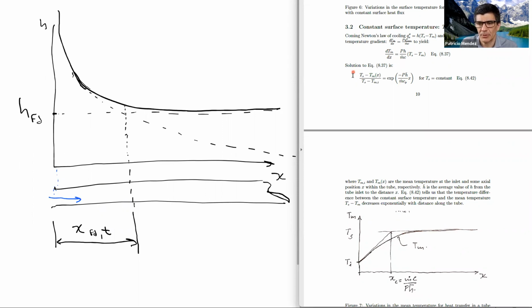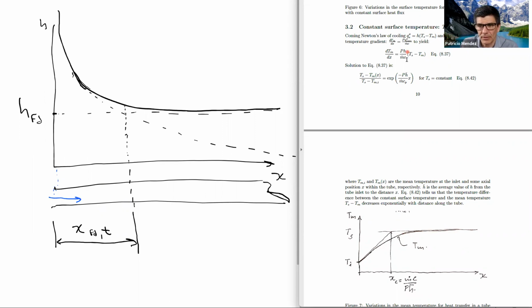And here is the exponential that we have gotten many other times before. And in this exponential, guess what? We are going to have a characteristic length too. A characteristic length during which the fluid is going to transition from its initial temperature, the inlet temperature, until it adopts the temperature of the pipe.